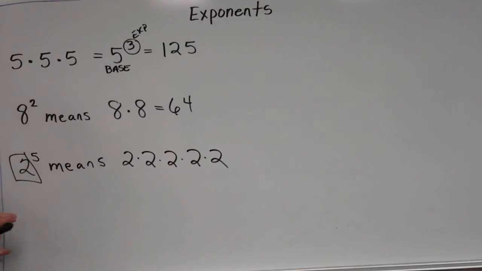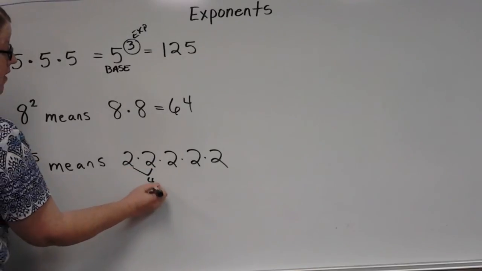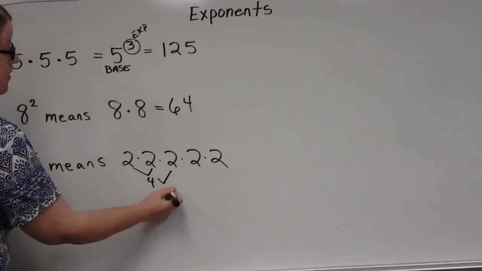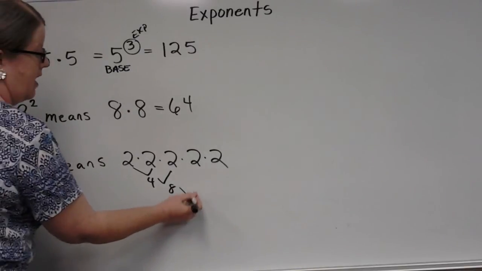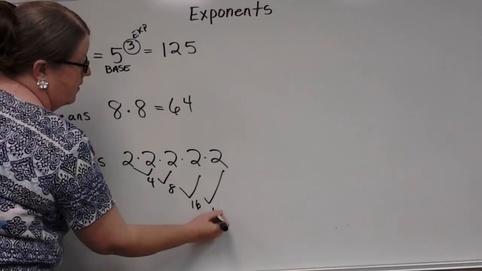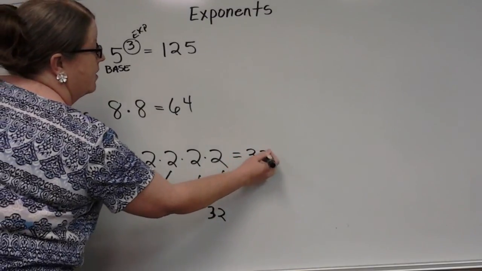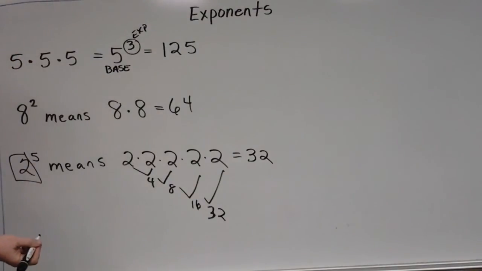Write the base down 5 times, and then you get to multiply. Well, 2 times 2 is 4, times another 2 is 8, times another 2 is 16, times the very last 2 is 32. So the answer to that one is 32.